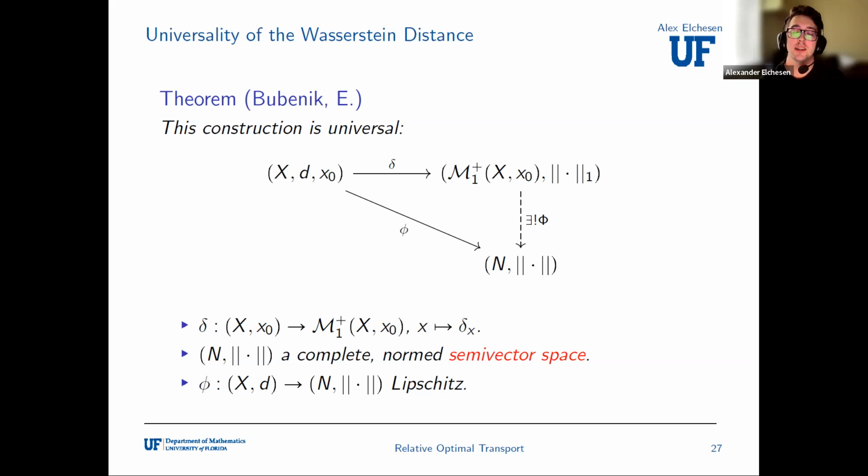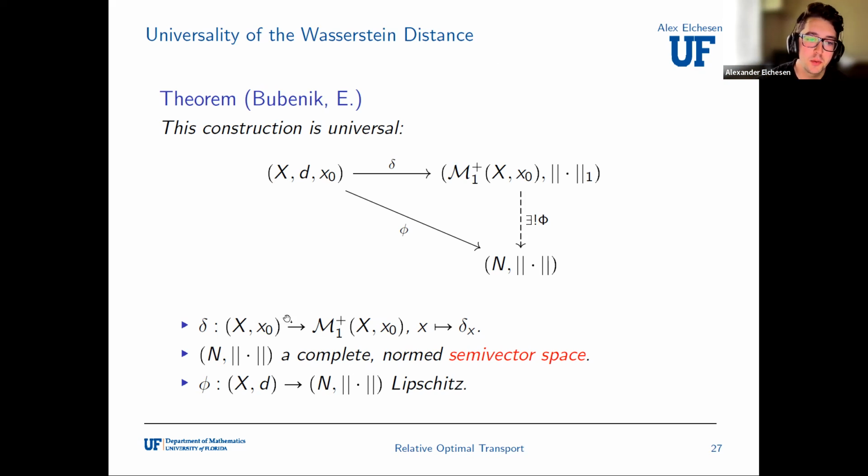For persistence diagrams, we had a universality result, which I didn't mention for the sake of time. So let me mention the analogous result here. This construction is universal in the following sense. If you start with a pointed metric space, there's a map delta, which just sends a point x to its Dirac delta, the measure with 1 unit of mass concentrated at x.